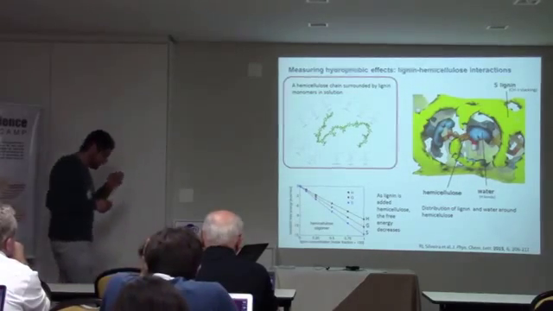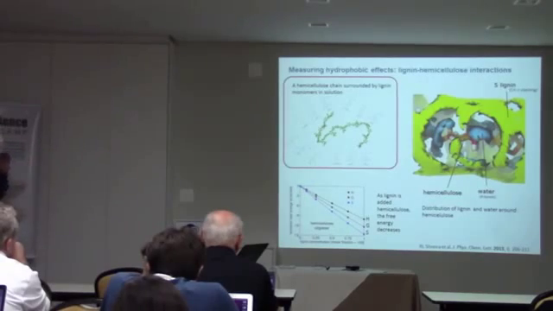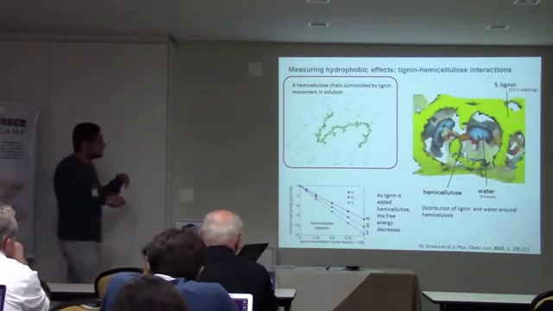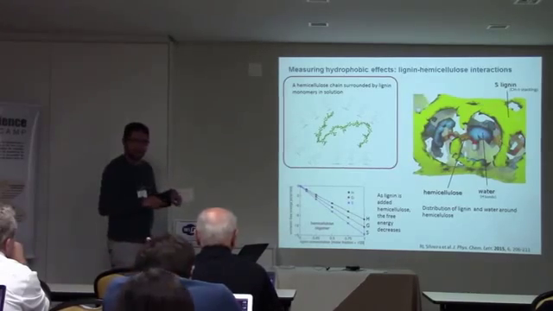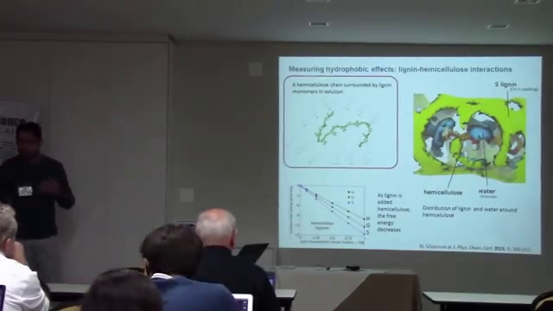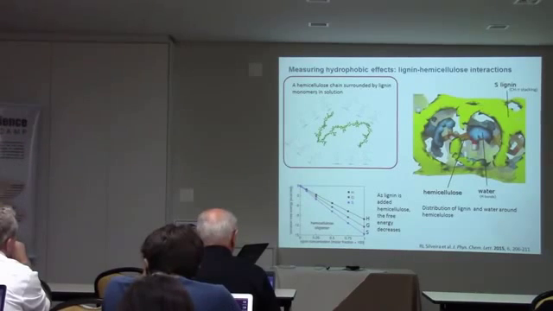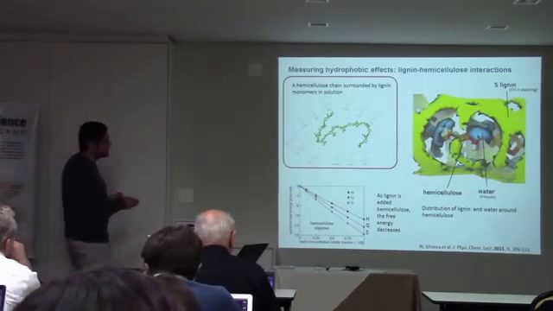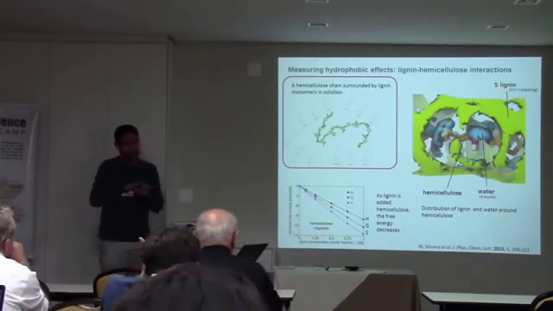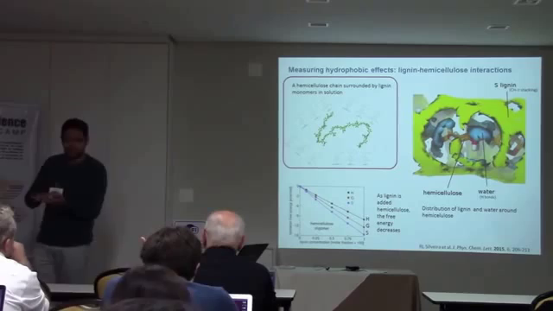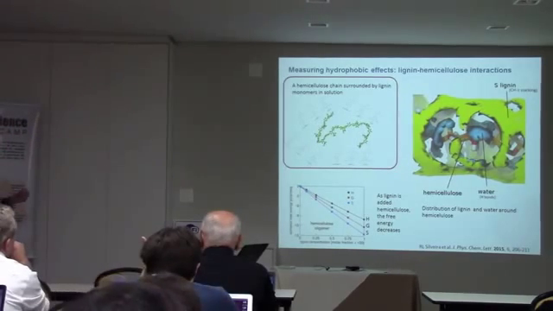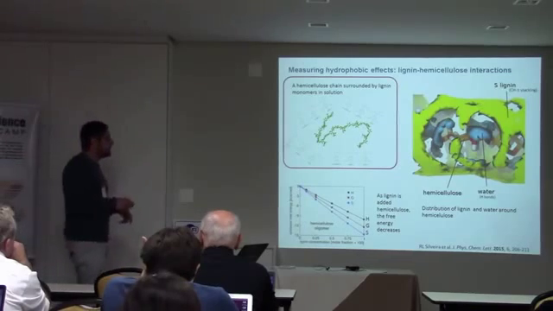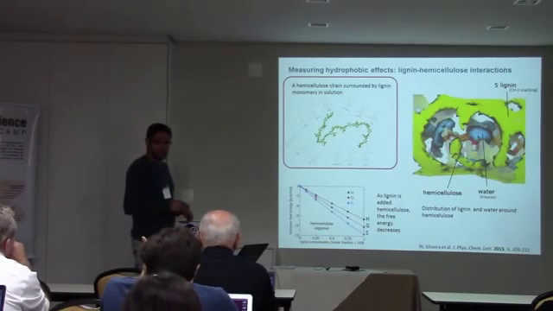So what is happening here is that when you have just water, it interacts with the hydrogen bonding sites, the hydroxyls, but also interacts with the hydrophobic faces of the hemicellulose. When you add lignin, it starts interacting with the hydrophobic face and expels water to interact more strongly with the hydrophilic part of the hemicellulose.